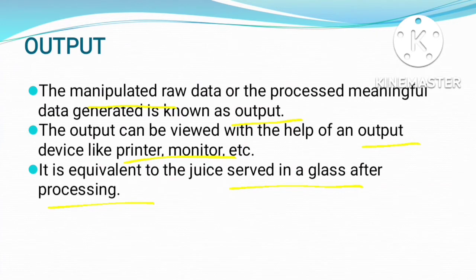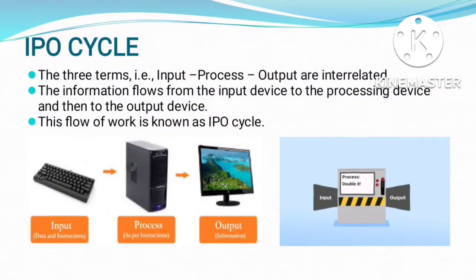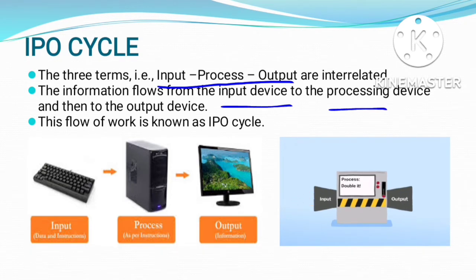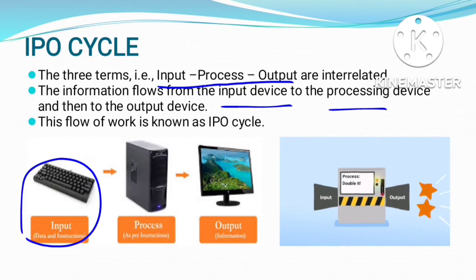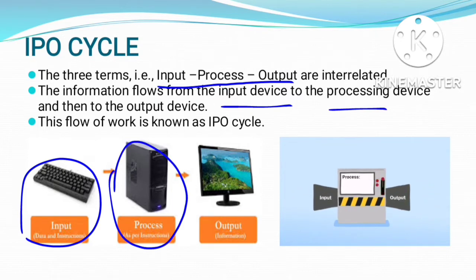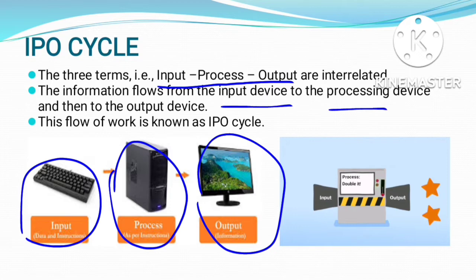Hope this is clear. IPO cycle. The three terms, that is input, processes and output, are interrelated. The information flows from the input device to the processing device and then to the output device. This flow of work is known as the IPO cycle. That means through the keyboard we are giving input to the computer, and who is processing? The CPU is processing it, and through the output devices we are getting the output.